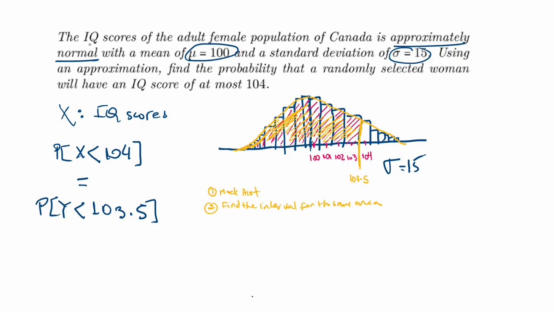Based off of her question, I'm still confused. When you're doing the mock histogram, how do you know that it's 100, 101, 102? How would you know that it's 101, 102 instead of 101, 104, 108? How would you know the difference?